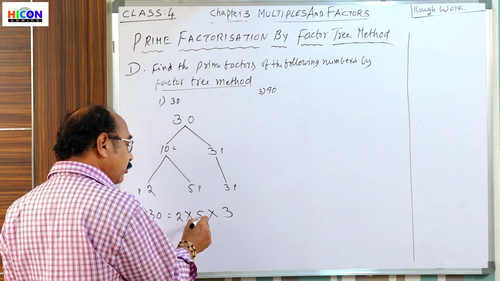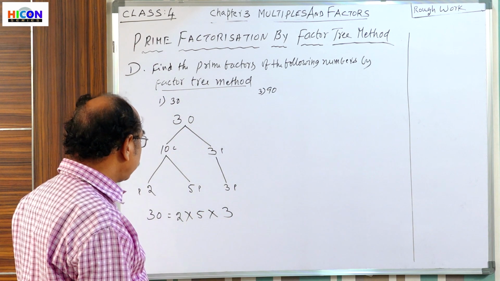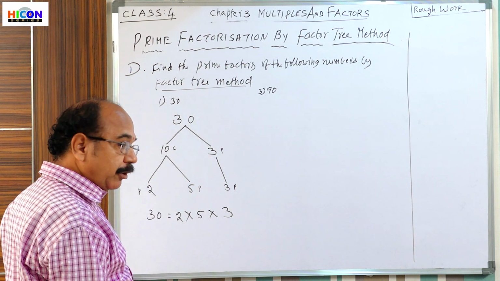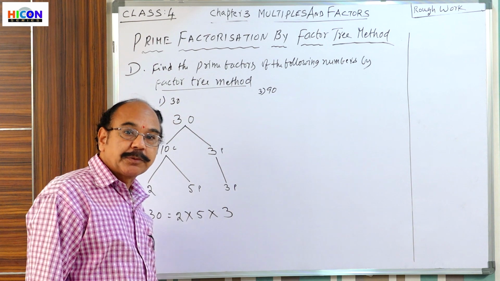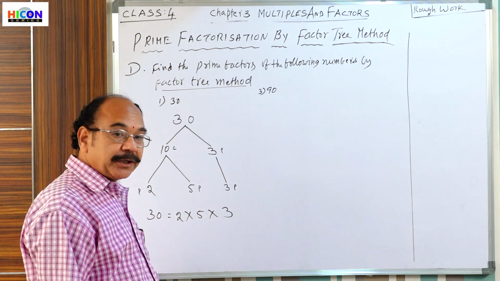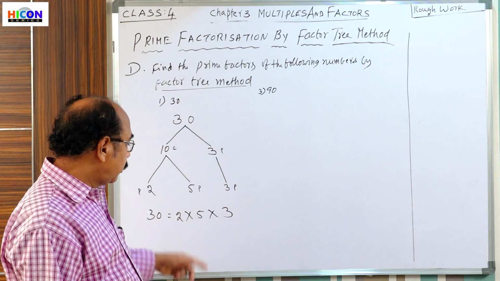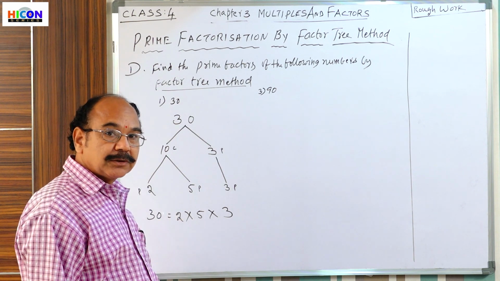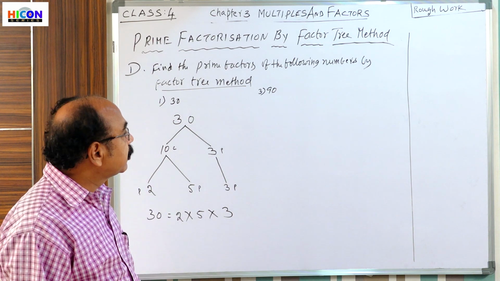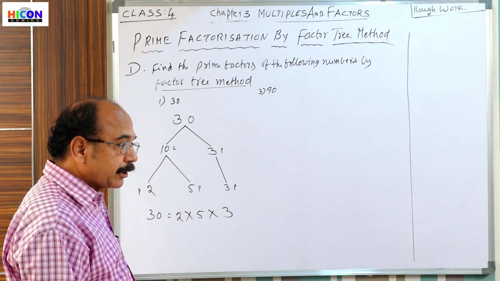This is a number expressed as the product of prime factors by the factor tree method. Why is it called the factor tree method? Because its appearance is just like a tree.